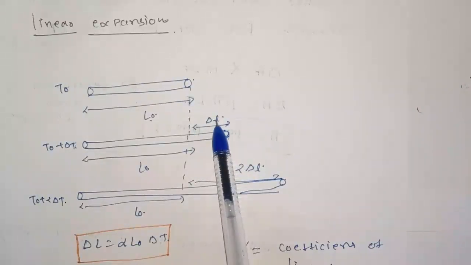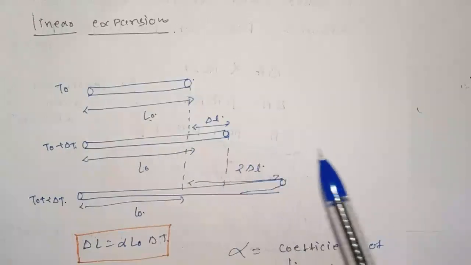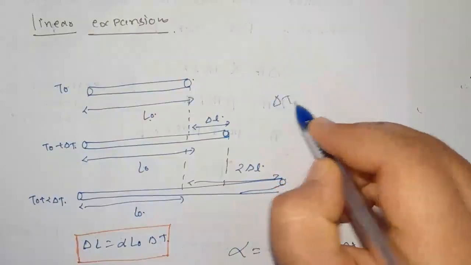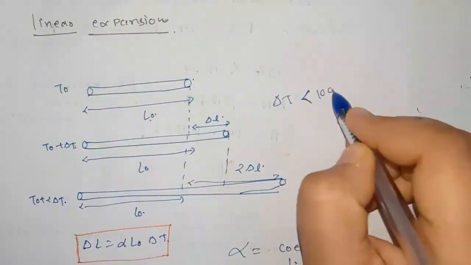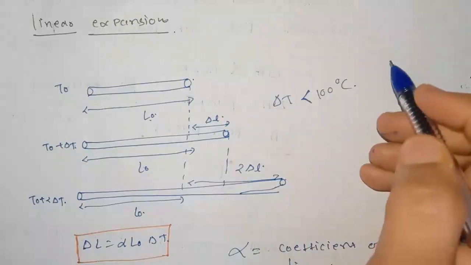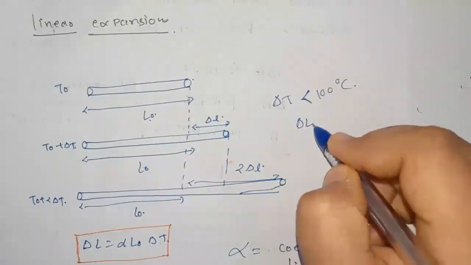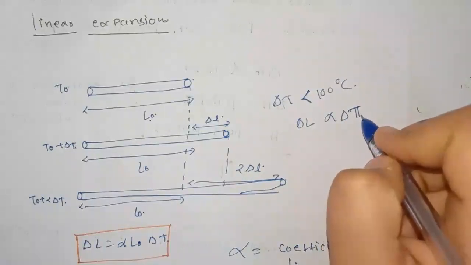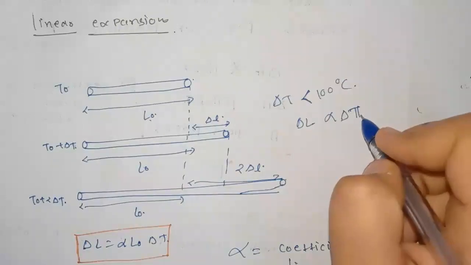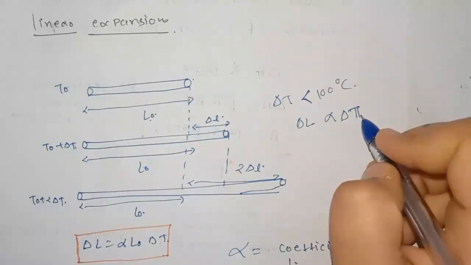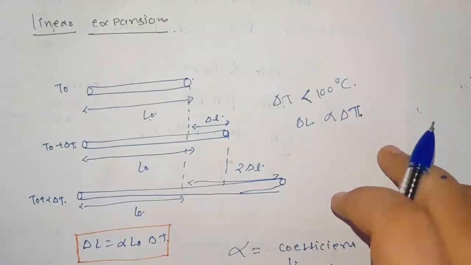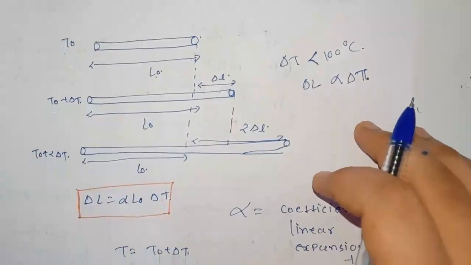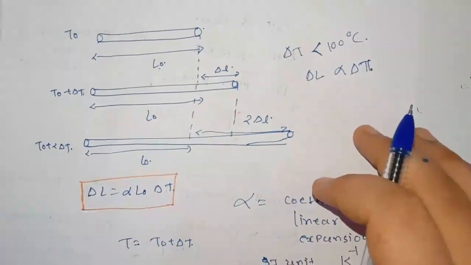Experiment shows that if delta T is not too large, let's say it is less than 100 degrees Celsius, then delta L is directly proportional to delta T. If two rods are made of the same material and have the same temperature change, but one is twice as long as the other, then the change in its length is also twice.